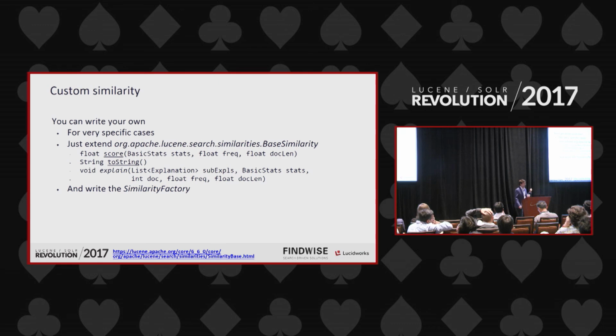We can obviously write our own one. It's just a matter of extending classes. We can either take the base class that is available on Solr and expand it. And the only thing that we need to do, actually, is to rewrite the score function.